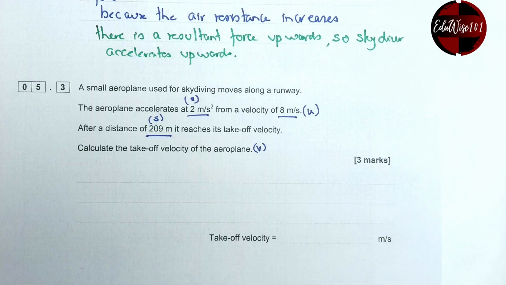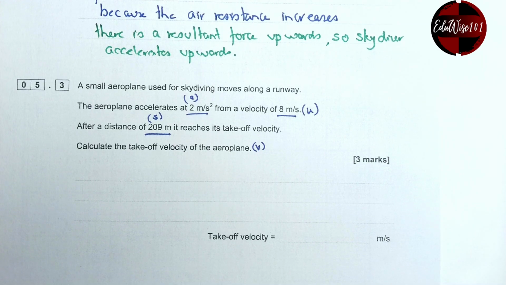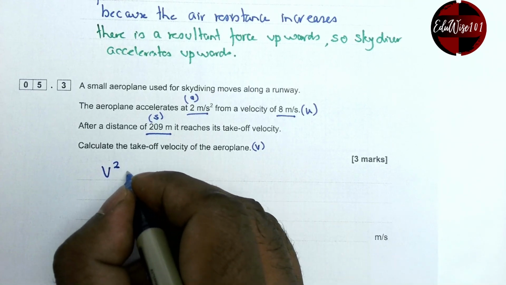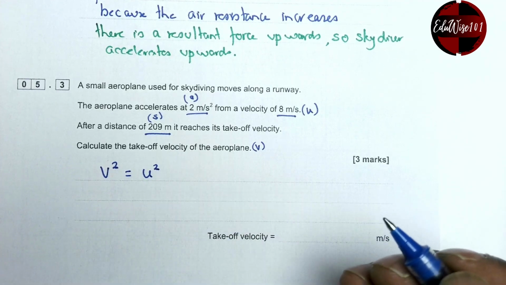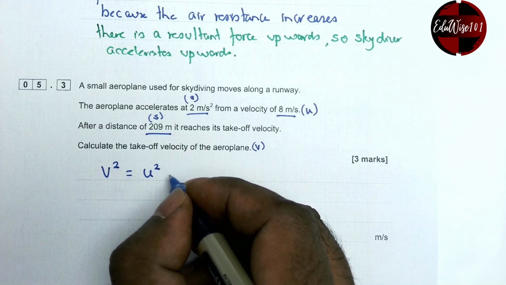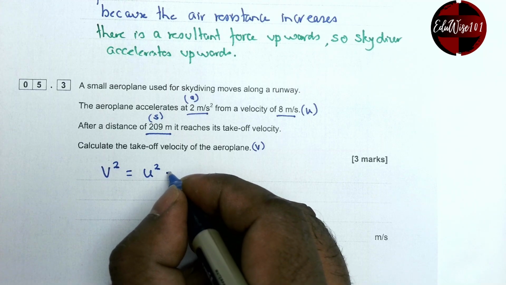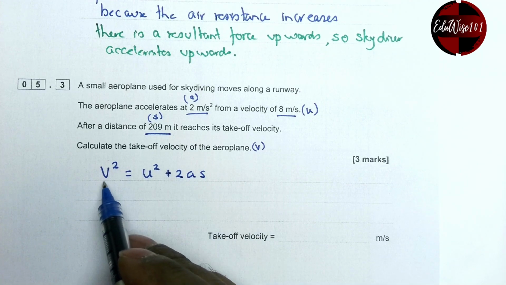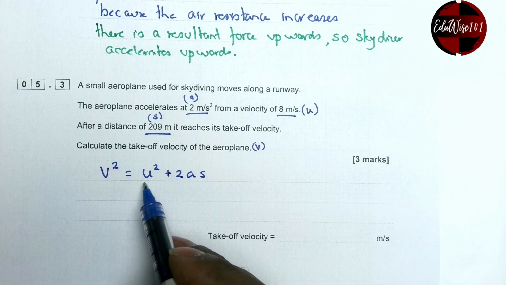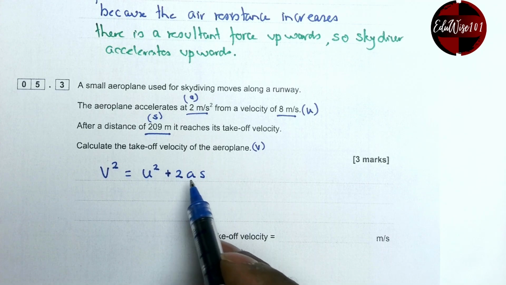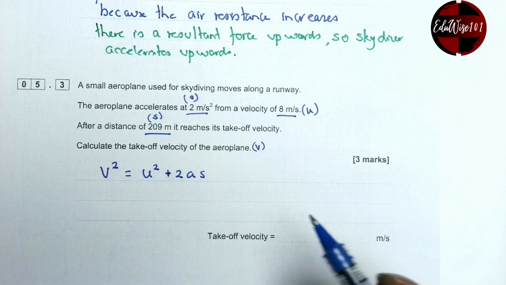So the equation that I need to use, which you can find from the equation sheet, is v squared equals u squared plus 2as. Final velocity squared is equal to the initial velocity squared plus 2 multiplied by the acceleration multiplied by the distance.